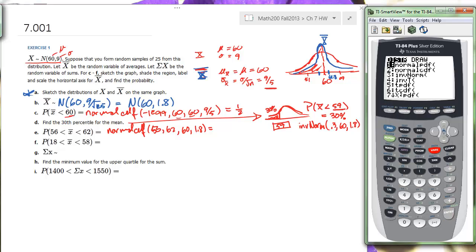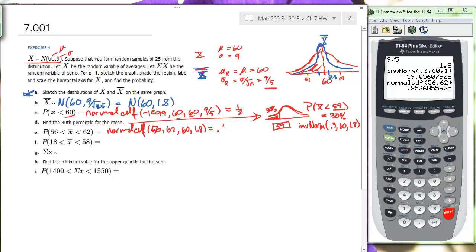Second function, vars, for distribution, normal CDF, and then we'll punch in the numbers: 56, 62, 60, and 1.8. And so it's 85%. So the probability is 0.8536.